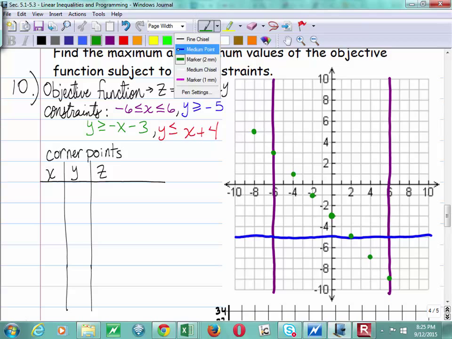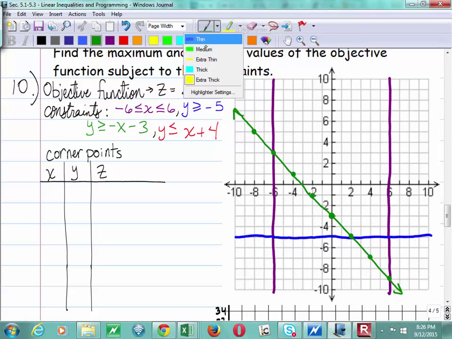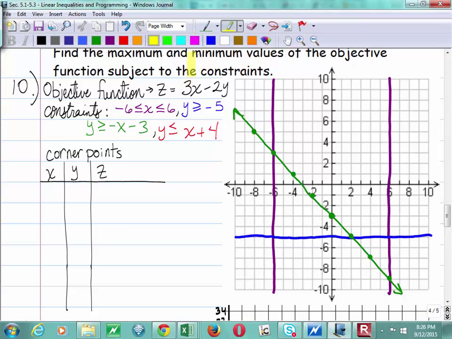Alright, so that's a solid line. Alright, and that's greater than. So I'll go ahead and shade above that, but I'll keep myself inside these other three constraining lines that I already know I'm supposed to be inside here, so I'll just stay in here.